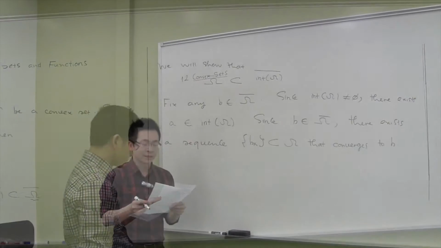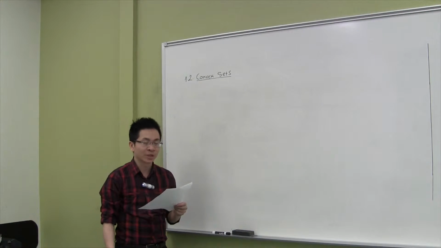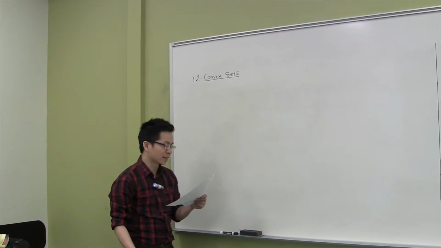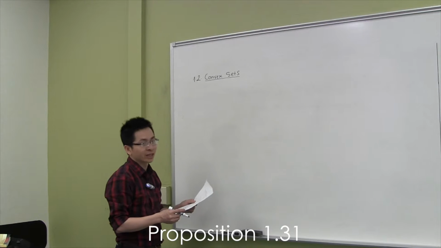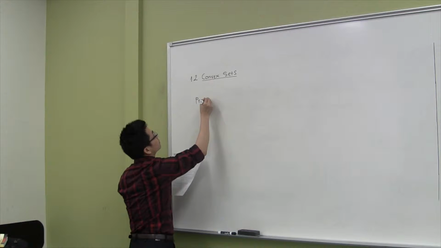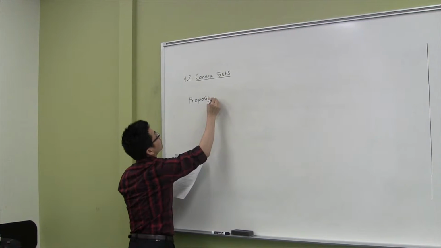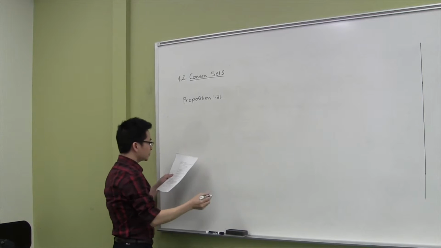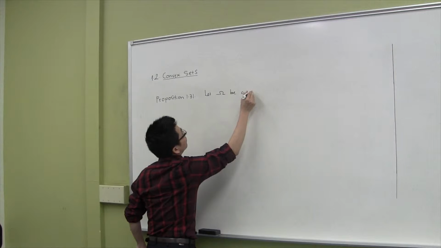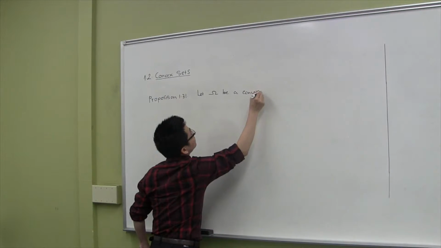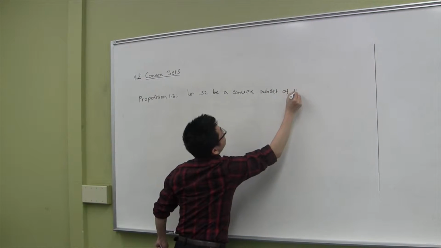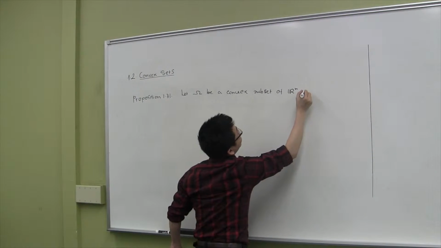In the next proposition, we're gonna establish some relationship between taking the interior and closure of convex sets. This is proposition 1.31 from the textbook. Let omega be a convex subset of R^n with non-empty interior.